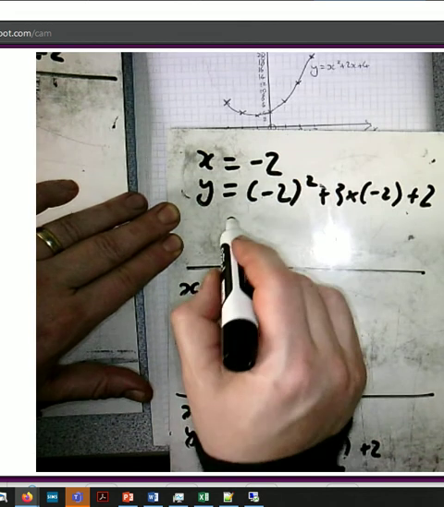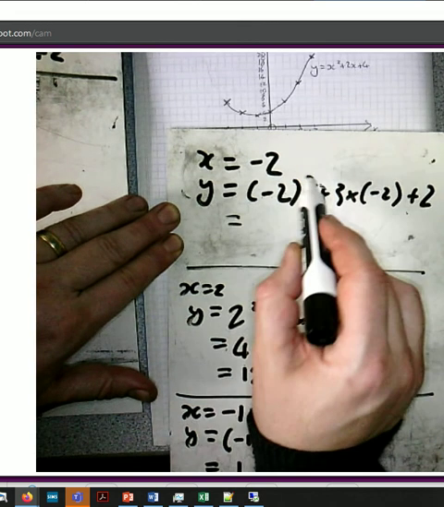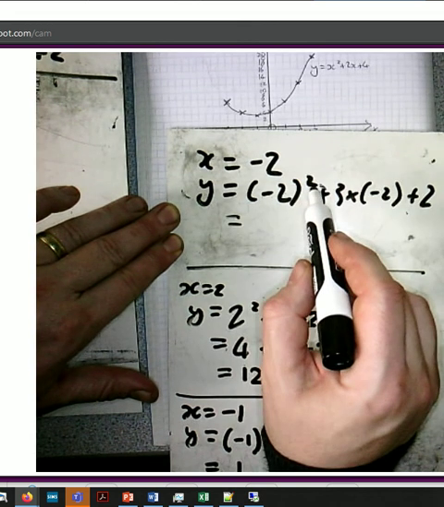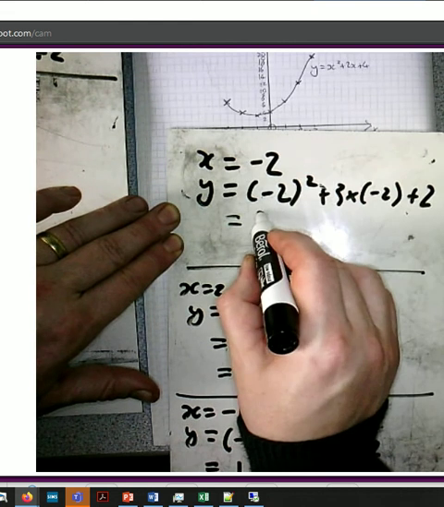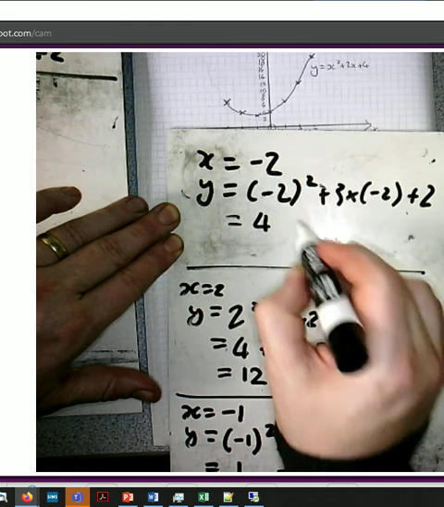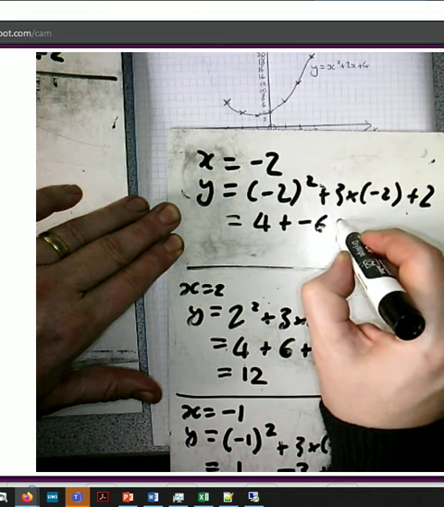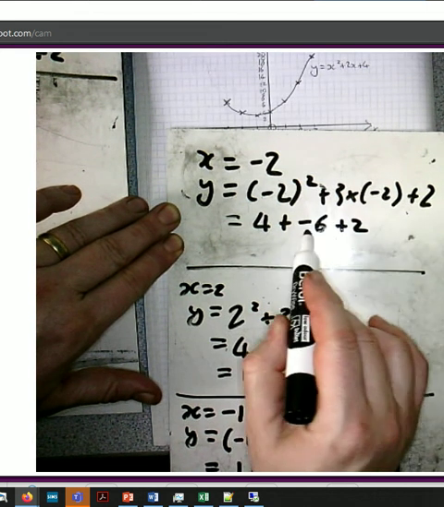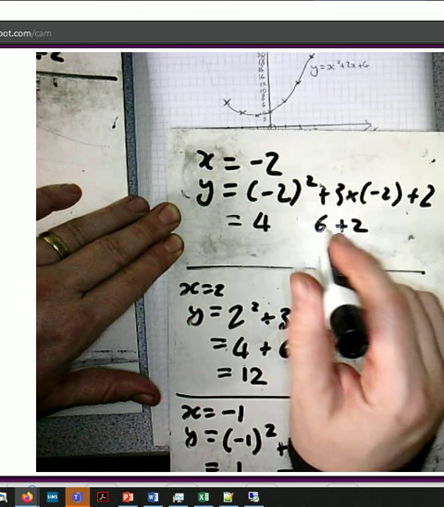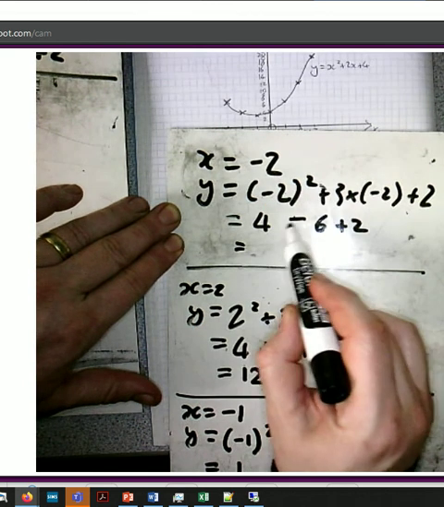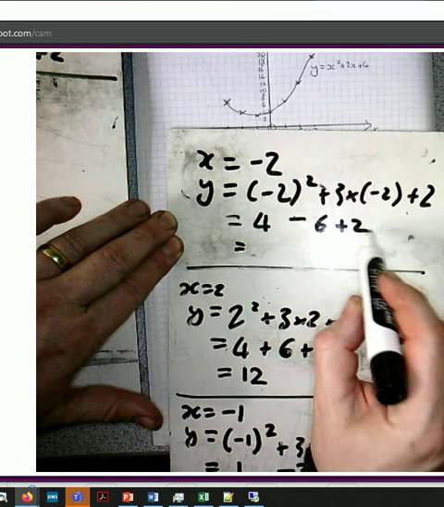Well, minus 2 squared, minus 2 times minus 2, minus times minus is a plus, so it's positive 4. Plus 3 times minus 2, minus 6, plus 2. If I see plus and minus next to each other, it just turns into a minus. So I've got 4 take away 6, that's minus 2, add 2, 0.